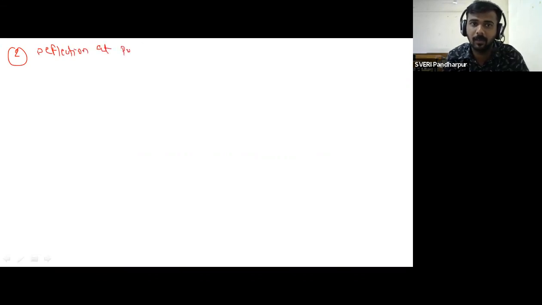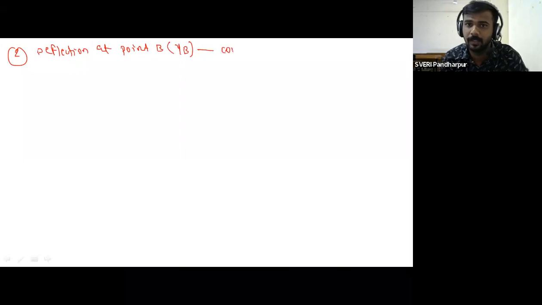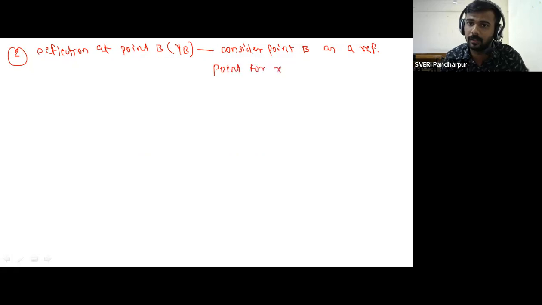at point B. So here YB. Here write down, consider point B as a reference point for X bar calculations.